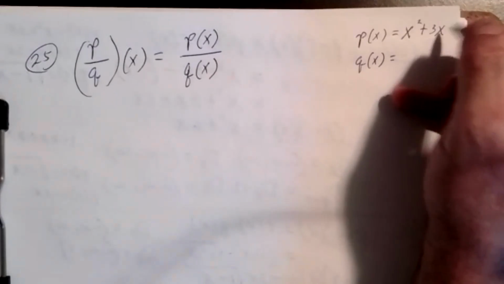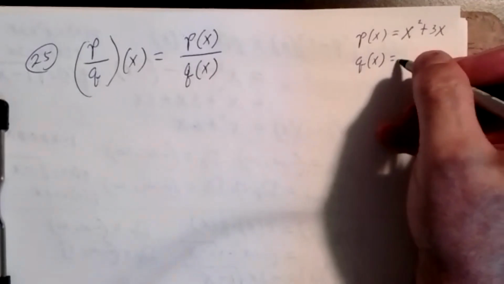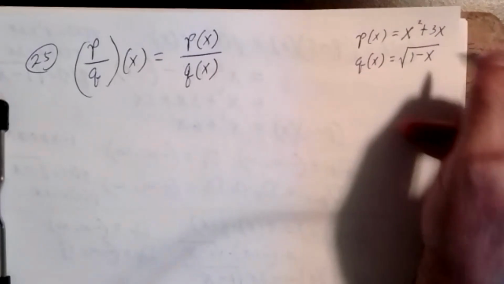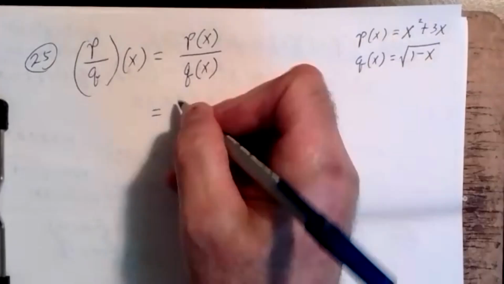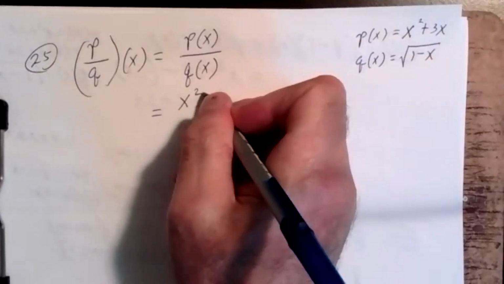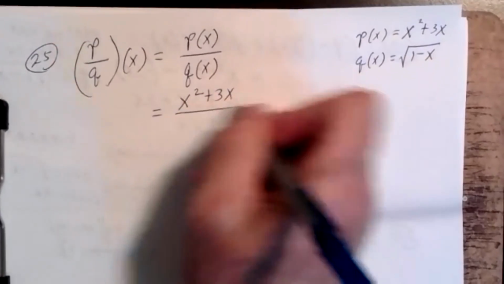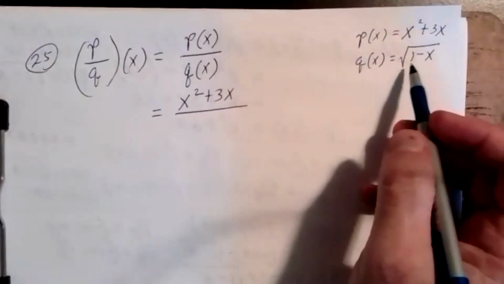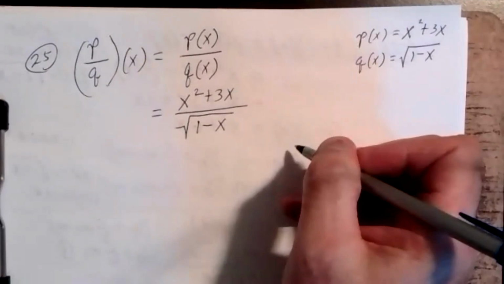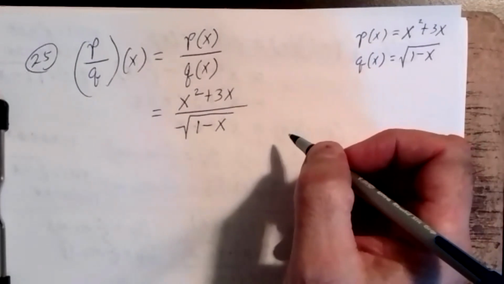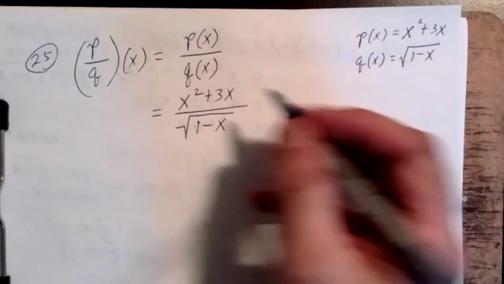Yes, and then Q was square root of 1 minus X. Okay, thank you. So therefore, to form this quotient function, we're going to take P of X, which is to say X squared plus 3X, and divide it by the output of function Q when you put X into it, which gives you an output of the square root of 1 minus X. And this is your brand new function called your quotient function, P divided by Q of X.